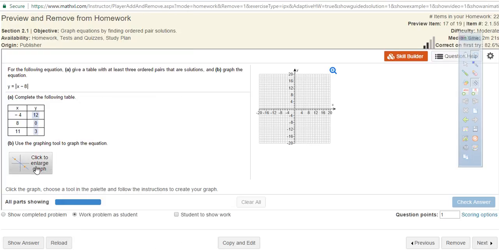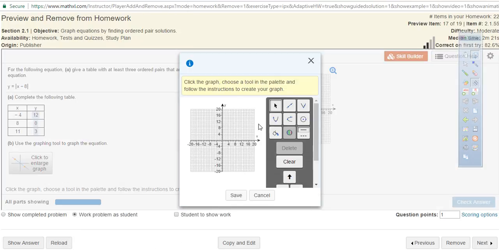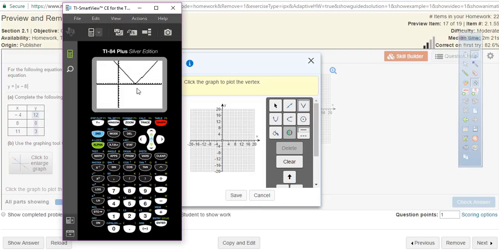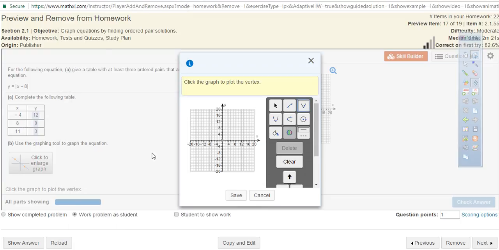But what that does for me is when I click on enlarge this, that reminds me that I'm going to use the absolute value tool. And make sure you read these directions carefully because it says plot the vertex. Well, the vertex is that low point, the point where it bounces and turns the other way. So in this case, our vertex would be 8, 0. So we go over 8, 0. And then when you do your next point, you just choose a point.